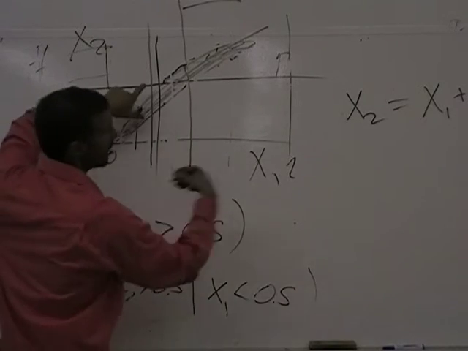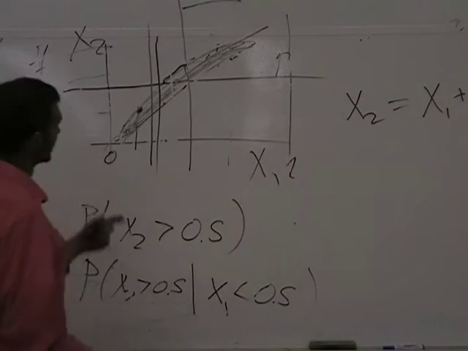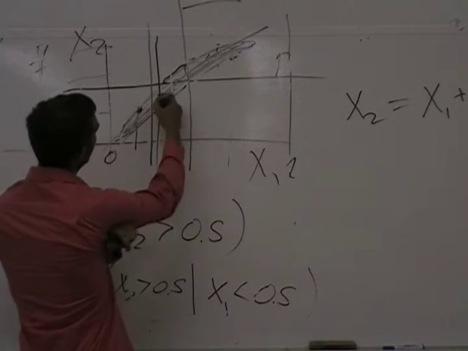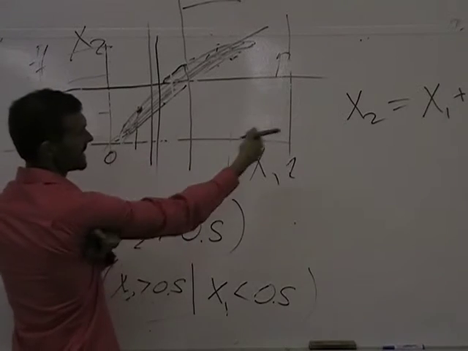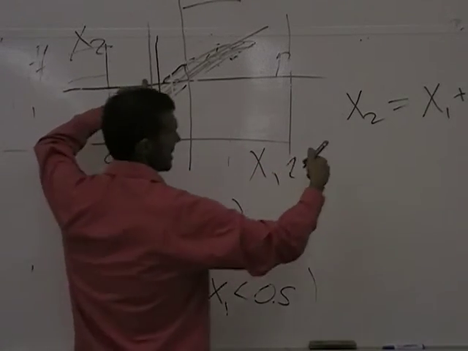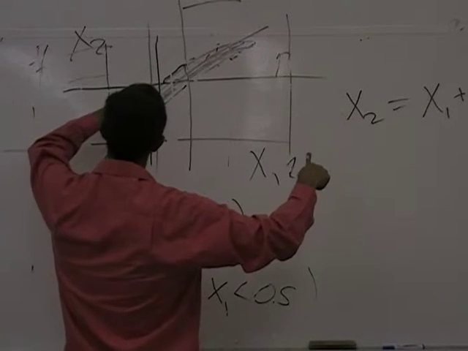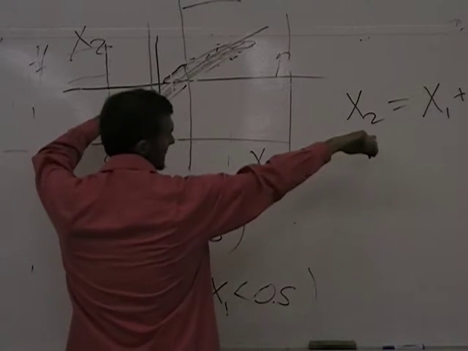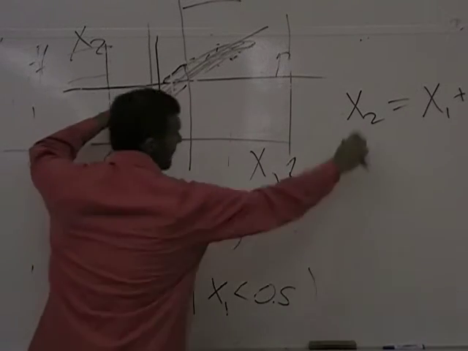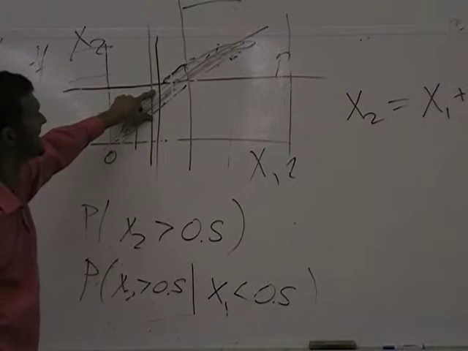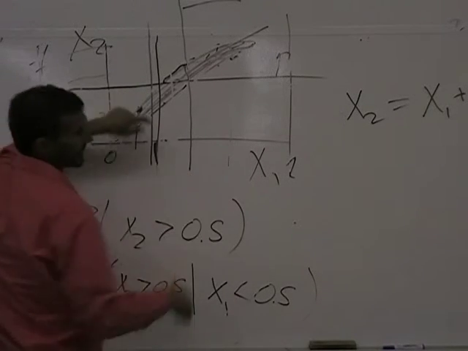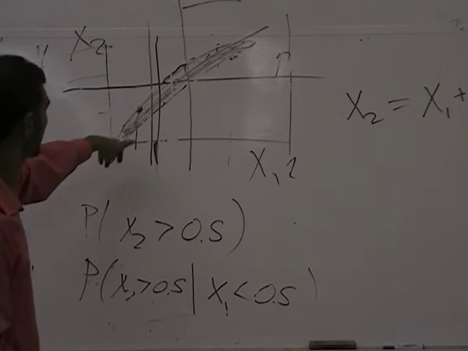And so our equation is very good at saying we have the probability distribution for x2 given x1 is about my slice area.